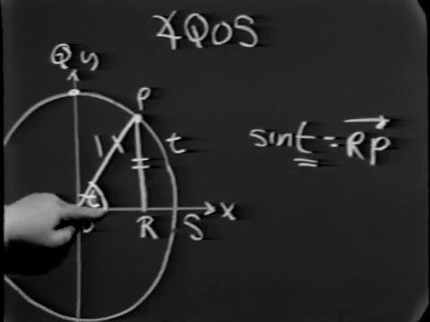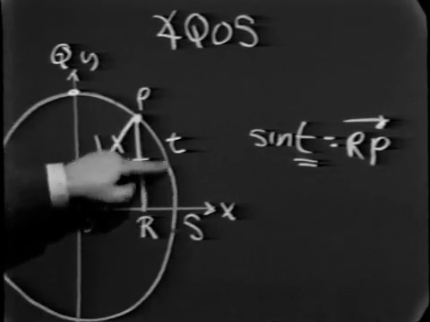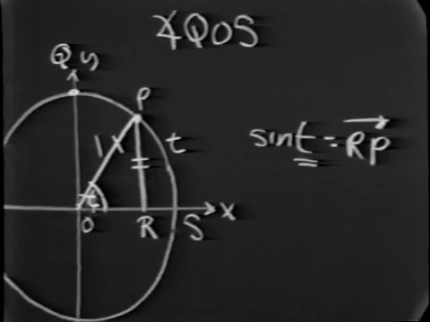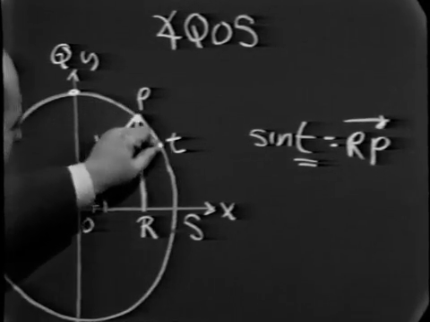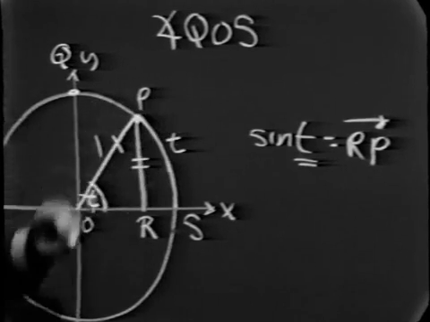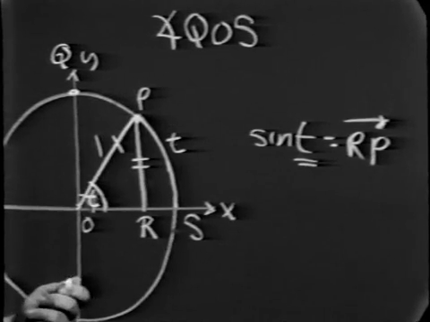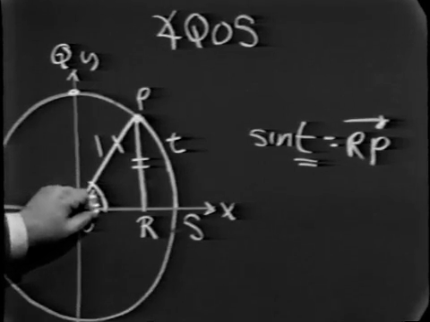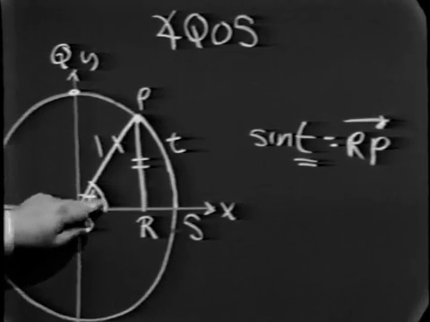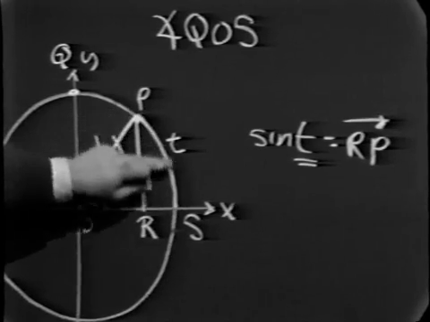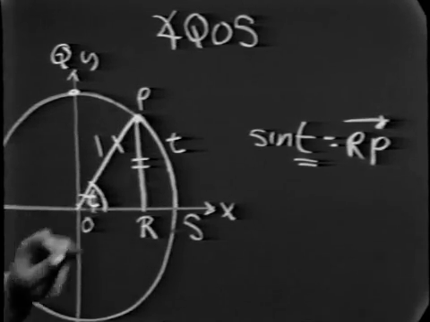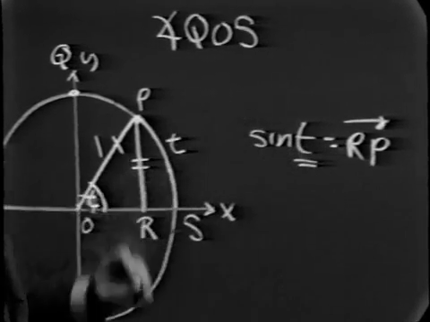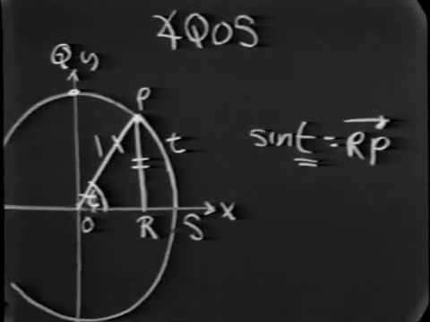An angle is said to have t radians if, when made the central angle of a unit circle, a circle whose radius is 1, it subtends an arc whose length is t units of length. In other words, I will define the measure called radians so that an angle of t radians intercepts the length t over here. In that way, sine t is unambiguous whether you're talking about an angle or a length.